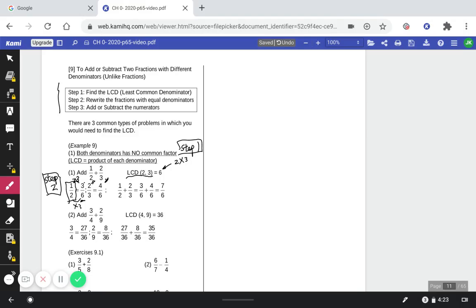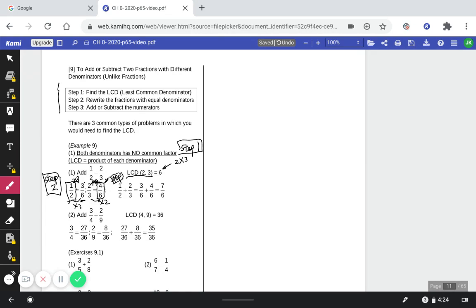And the second one, 2/3, 3 has to become 6 to have an equal value fraction with the LCD 6. That has been multiplied by 2. That means you multiply the numerator by 2. So 2 times 2 is 4. So it becomes 4/6.